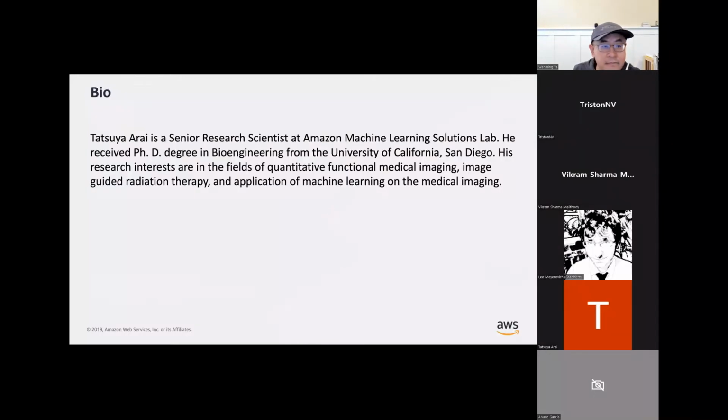Okay, so this is my bio. I'm a senior research scientist at the Amazon Machine Learning Solutions Lab. The Amazon Machine Learning Solutions Lab is a customer enabling team. We usually work with external customers to start our machine learning journey together.